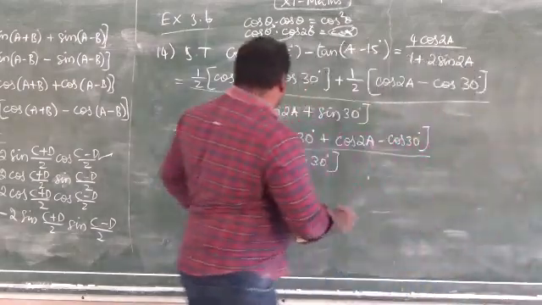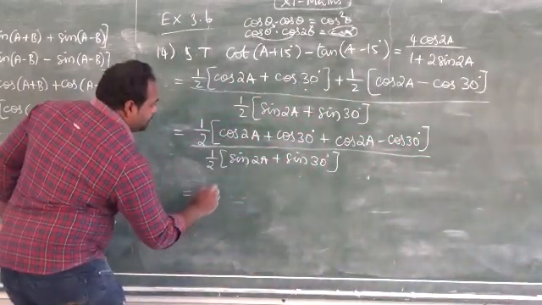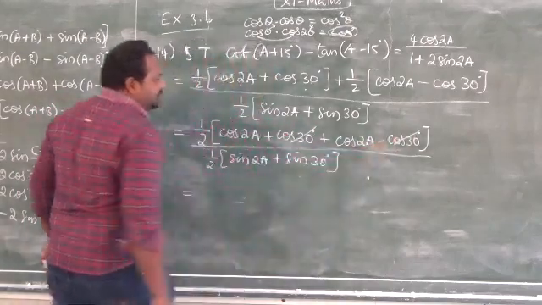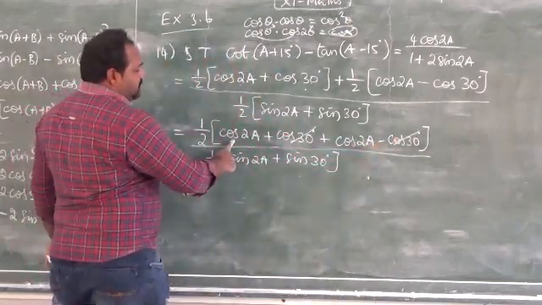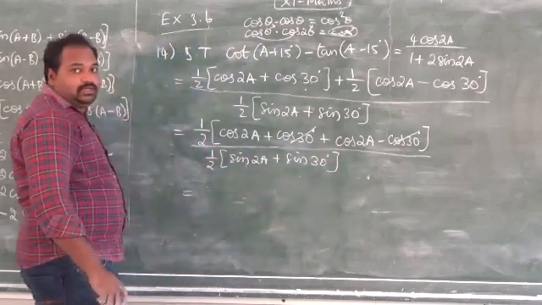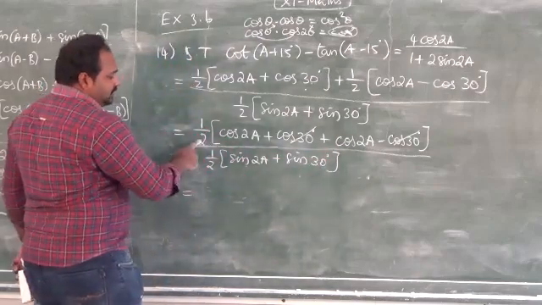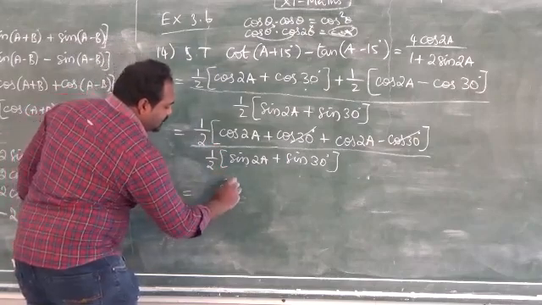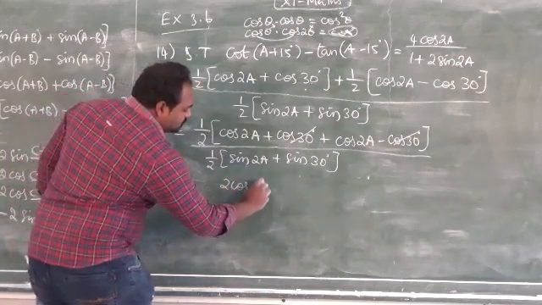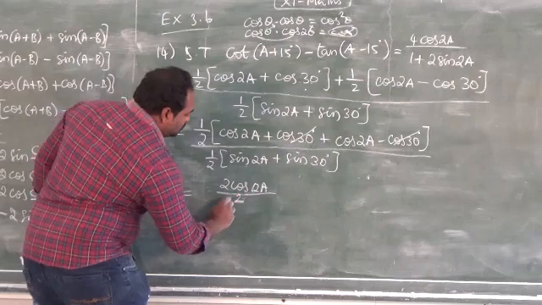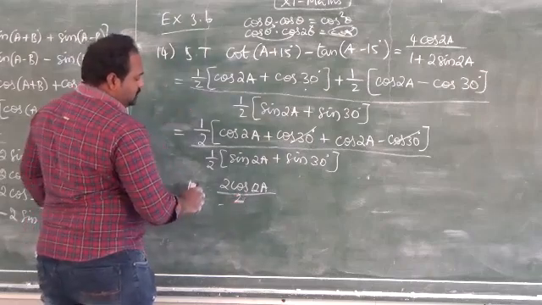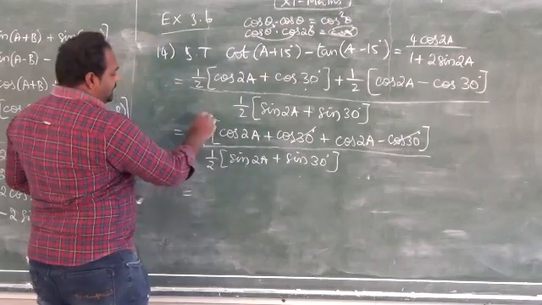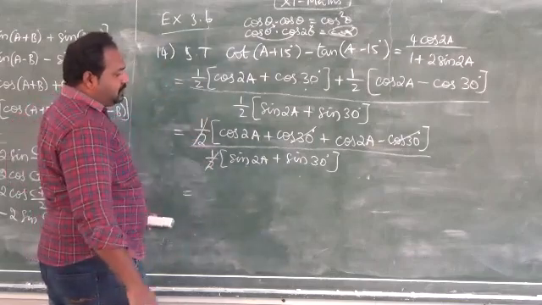Next, cos 30 minus cos 30 will be cancelled. Cos 2a plus cos 2a is 2 cos 2a. Sorry, wait a second. Here we can directly cancel this 1 by 2 and 1 by 2.